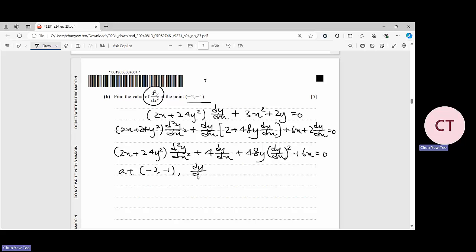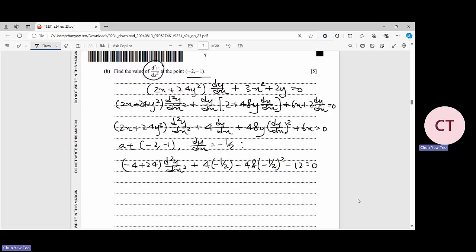My dy/dx is -1/2. So you have this as -4 plus 24 of the d squared y over dx squared plus the 4 times -1/2 minus the 48 of the (-1/2) squared minus the 12 equal to 0. So you just simplify it.